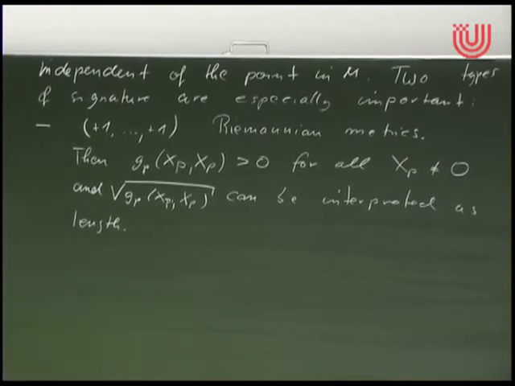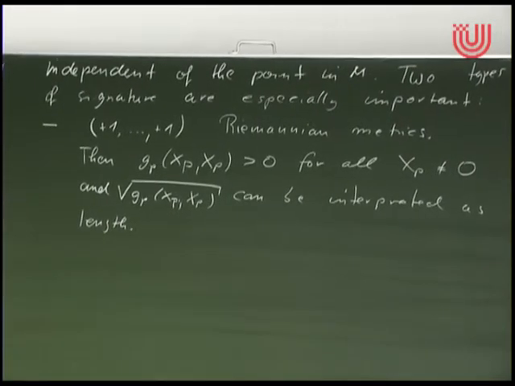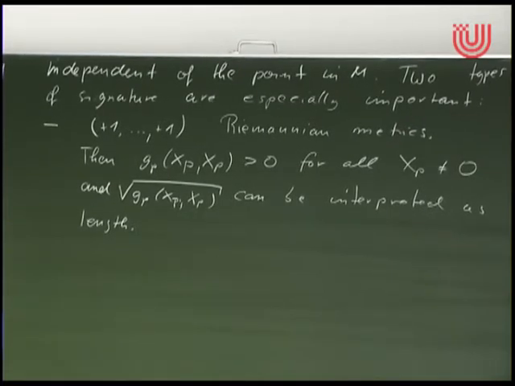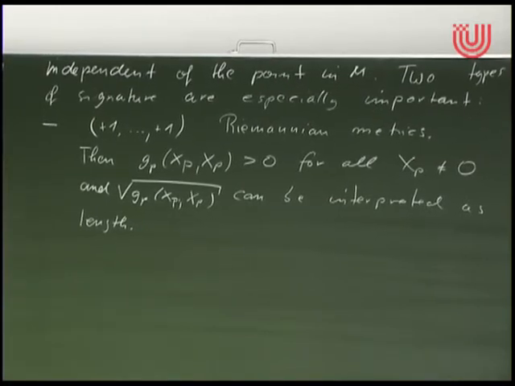So that's, of course, where the word metric comes from, right? Because it allows you to measure the length of a vector. It gives a definite value to the length of a vector. And this whole theory, as I said already, was originally made for this positive definite case where this is really positive, so we can interpret it as a length for any vector X_p.